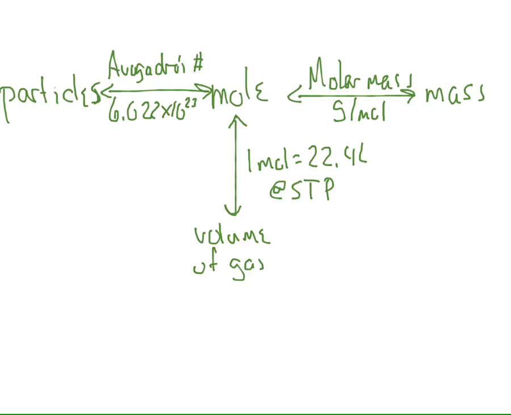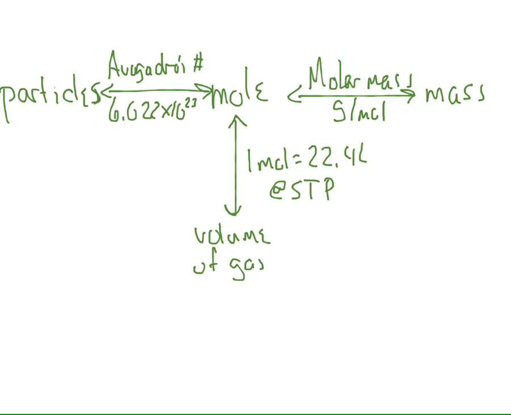So we added a third thing we can now connect, all going through the crossroads of the moles. But again, this is only true at STP, 0 Celsius, 1 atmosphere. If you're not at those conditions, you can't use that, and you've got to do it the old-fashioned way with PV equals nRT.